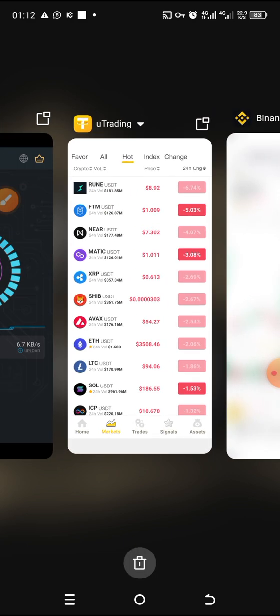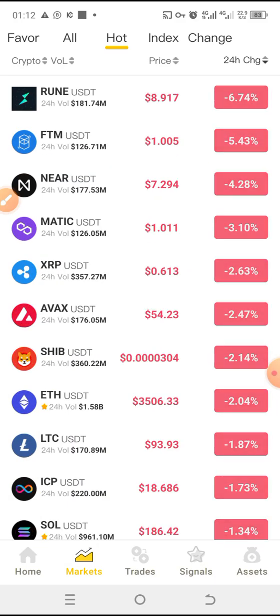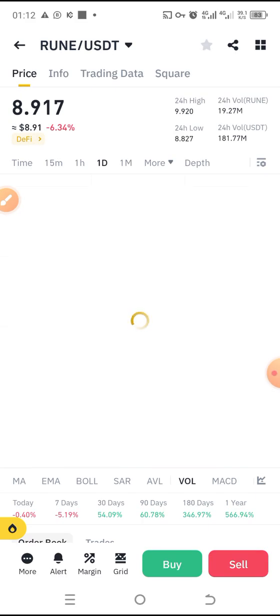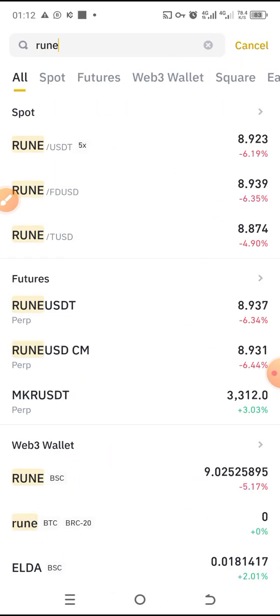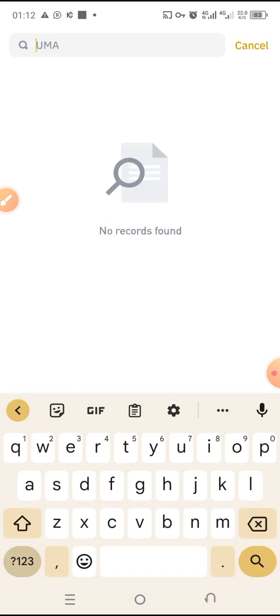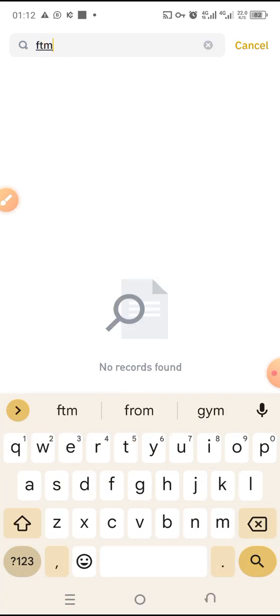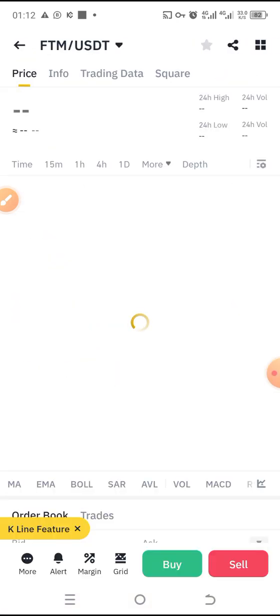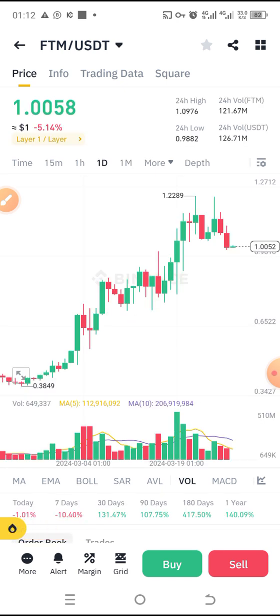What's the next coin? Let's see FTM. Then we have FTM here. Let's check the coin also. This coin is also very good.